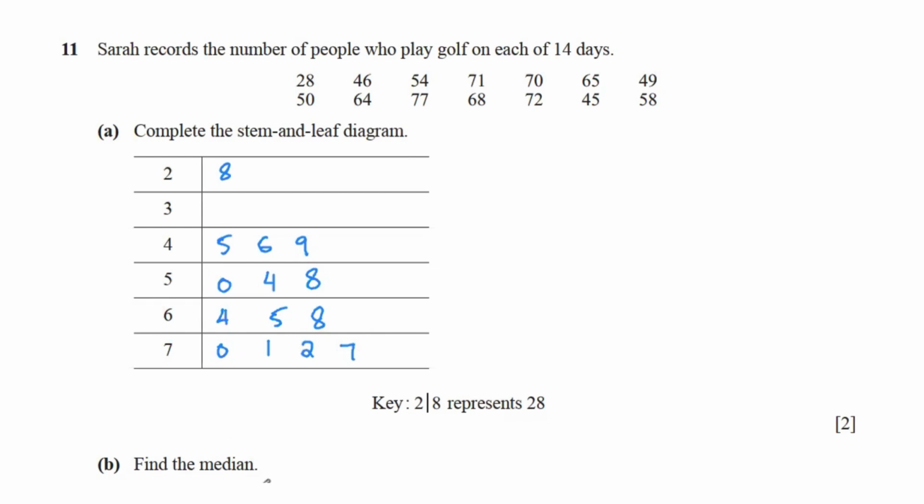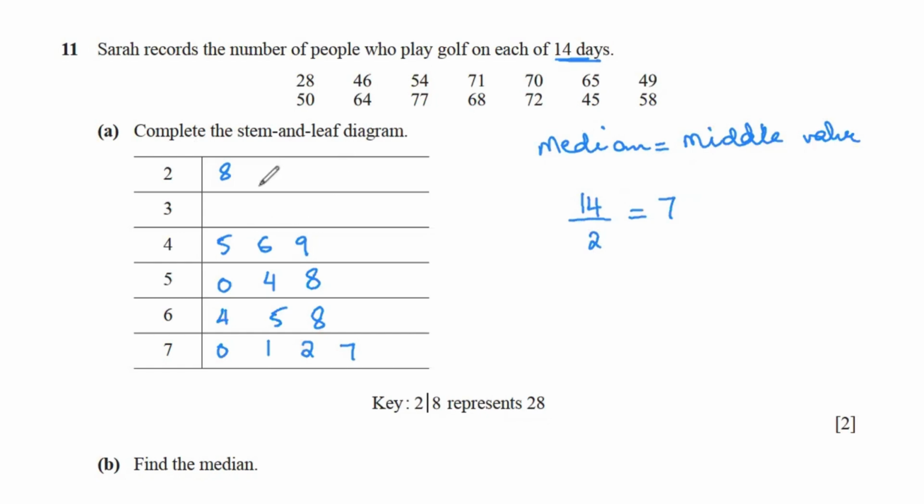Then they're asking us to find the median. Now, median is the middle value. So to find the middle value, we're going to see what is the total number of values. That's 14. So half of 14 is 7.